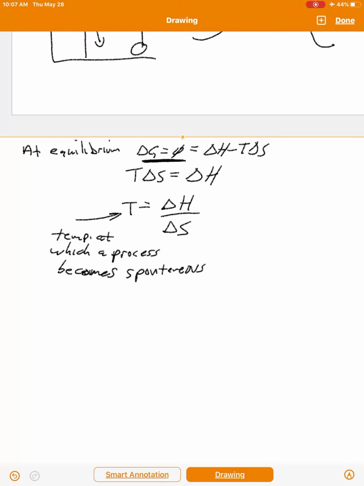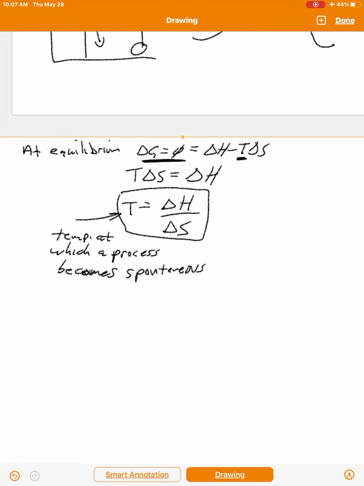If it increases a little bit, it becomes positive, that's non-spontaneous. If it decreases a little bit, that becomes spontaneous because it's negative. So the temperature at which that occurs would be this one right here. If you know the delta H for a process and you know the delta S for a process, you can find the temperature at which a process becomes spontaneous.